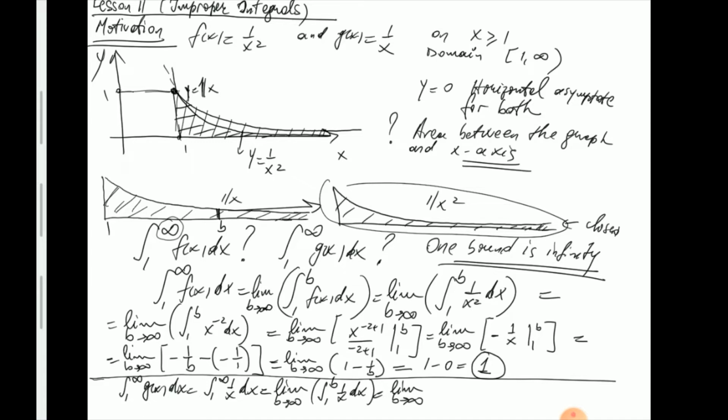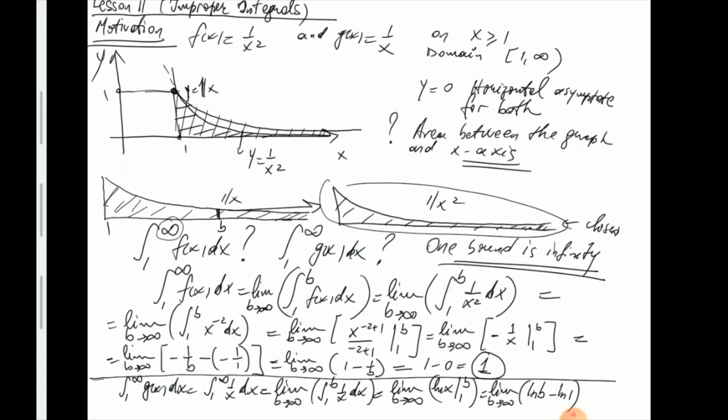The integral of 1 over x is just ln of x between 1 and b. So this will be the limit as b goes to infinity of ln of b minus ln of 1, which is 0. However, as b goes to infinity, ln of b approaches infinity.